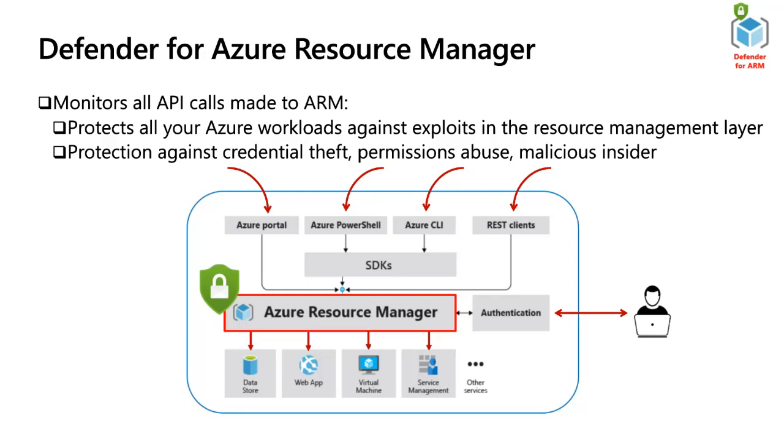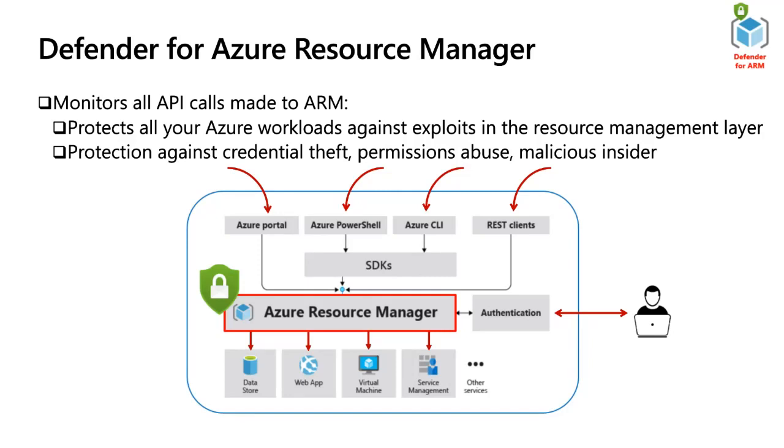So how do we go ahead and protect your breadth of Azure resources? Behind the scenes, once we enable the plan for Resource Manager, we start collecting telemetry data generated by the API calls made to ARM, to the Resource Manager.